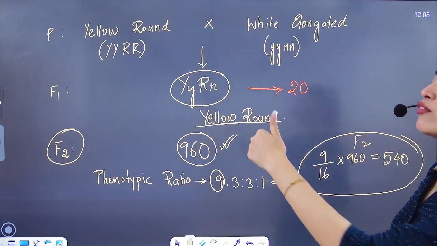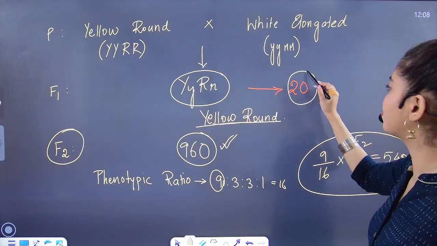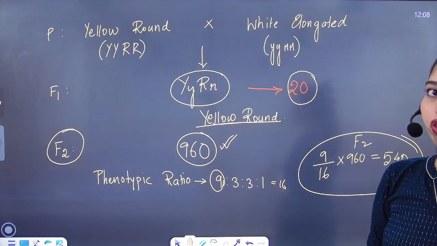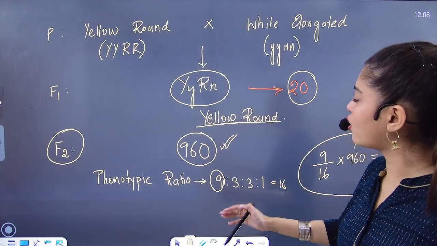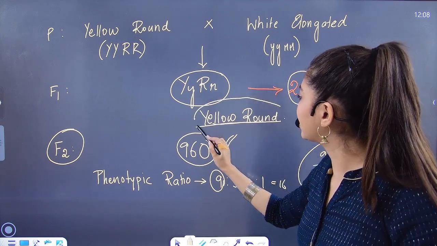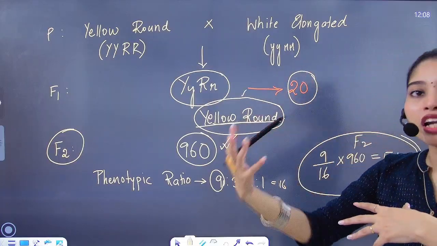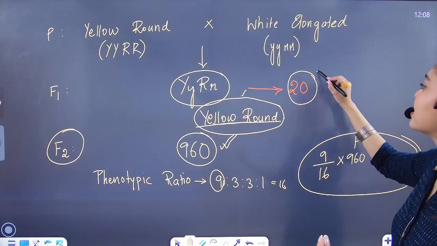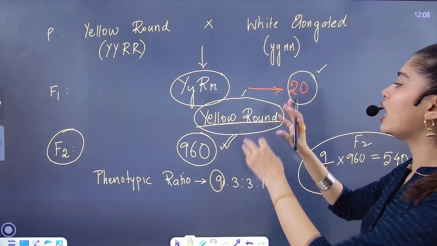Similarly, for the F1 generation, the question itself says there are 20 offspring that survived. And now we know by doing the cross that all the offspring in the F1 progeny were round yellow. So whether 20, 1000, or 100 offspring survive, all of them will be yellow round.